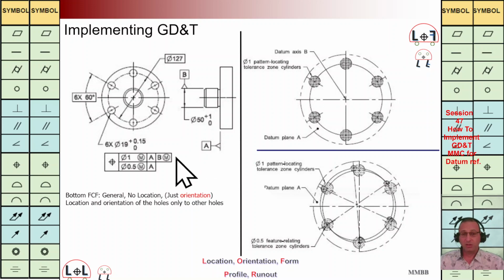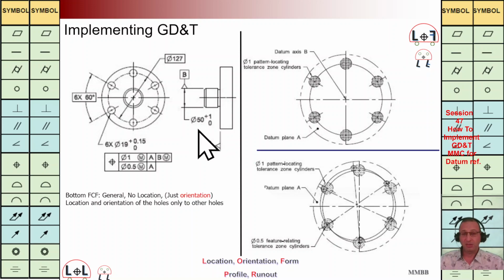What should be the size of the gauge? When we have this M, it means material condition. For this part of this component, the maximum material condition means we have the maximum material on this part. It should be 51.